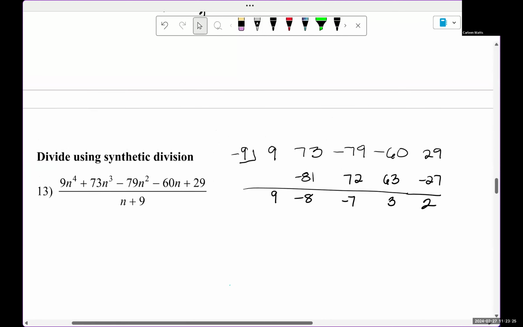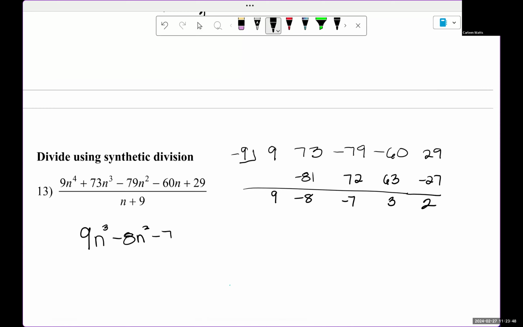So what's the result? n to the third power, right? Because the whole point of division is to bring it down a level. Minus 8n squared minus 7n plus 3.